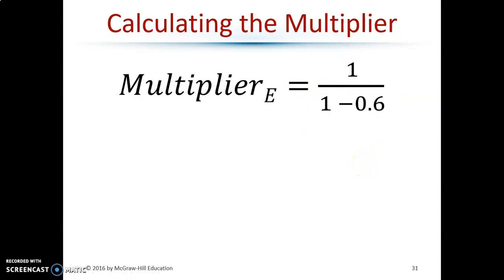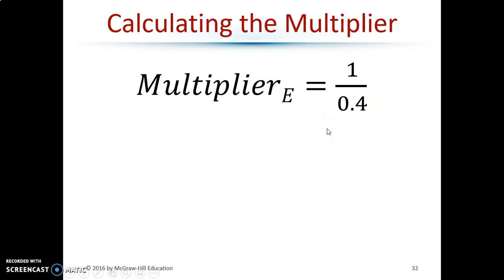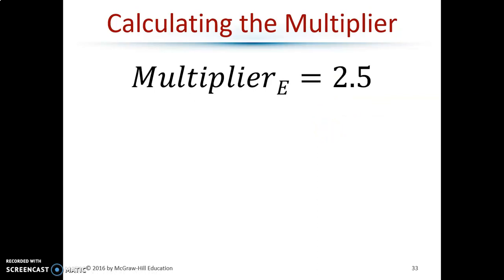So for an example, if the marginal propensity to consume is 0.6, which means if you make $100, you're going to spend 60 of it, and then 40 is going to go into savings. So if 0.6 is the MPC, the spending multiplier is 1 divided by 1 minus 0.6, which is 1 over 0.4, which is 2.5. What do we do with this multiplier?